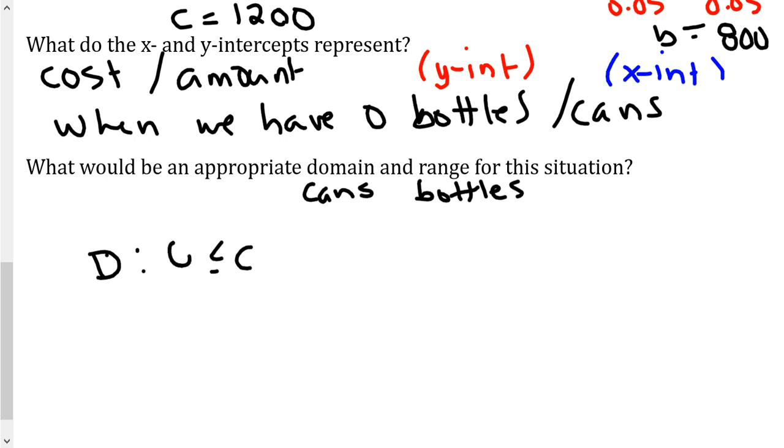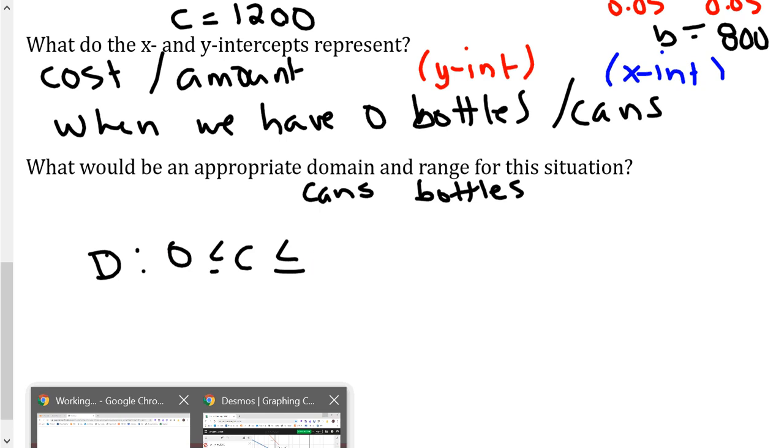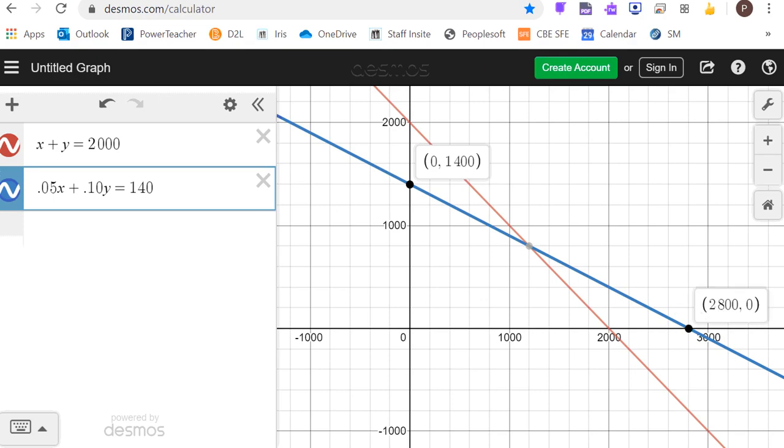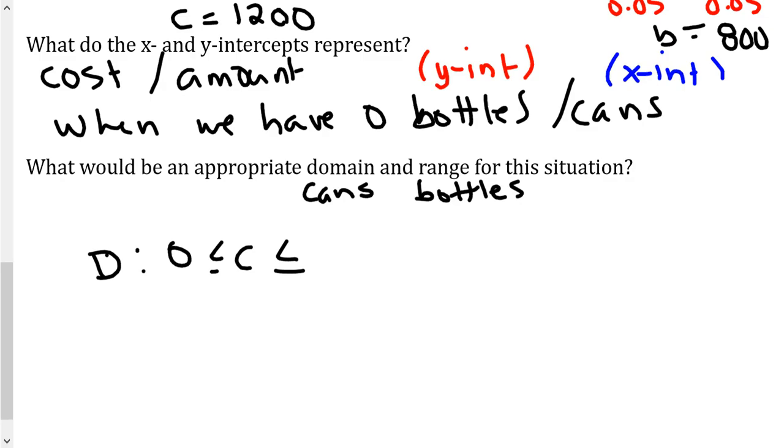The least number of cans I could turn in would be 0 cans. I can't turn in a negative number. But we looked at those x and y intercepts, we said what would happen if I turned in 0. And then when we look back at our system, hypothetically, the highest x value we have, the highest number of cans I could turn in, looks like it would be 2,800. So that's going to be our upper limit on our domain.